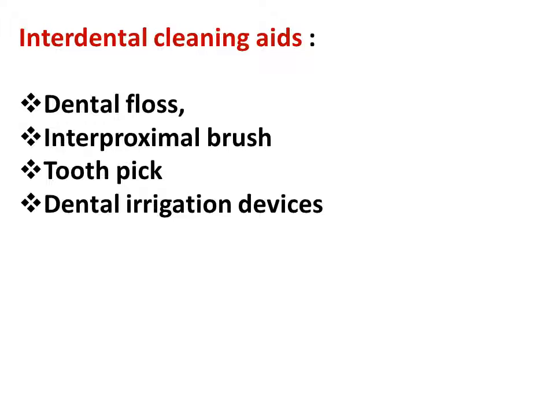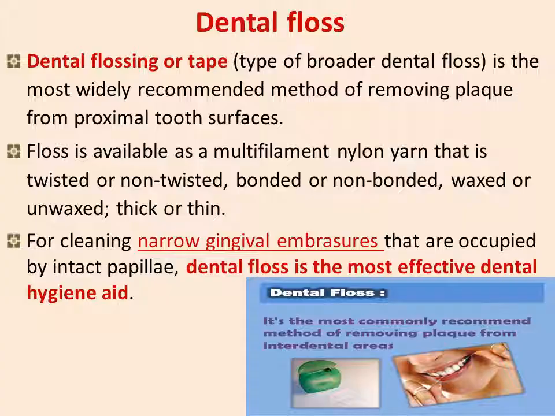Interdental cleaning aids include dental floss, interproximal brush, toothpick, and dental irrigation devices. Dental floss. Dental flossing is the most widely recommended method of removing plaque from proximal tooth surfaces.